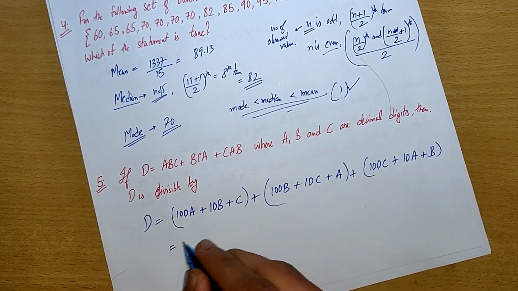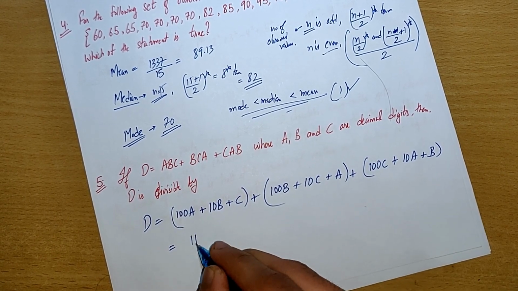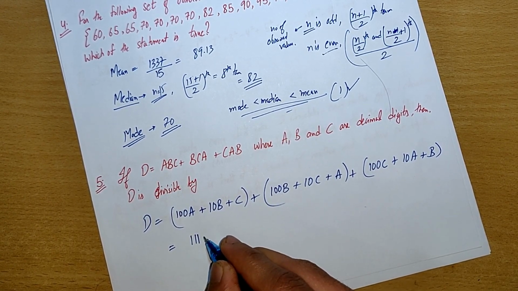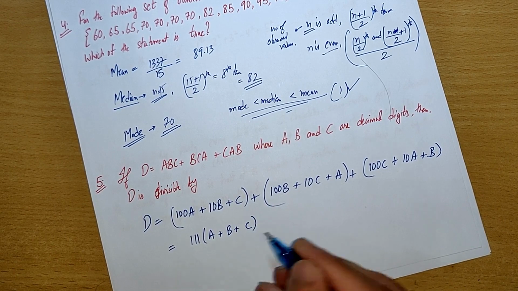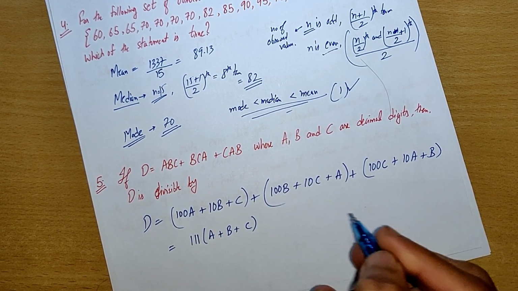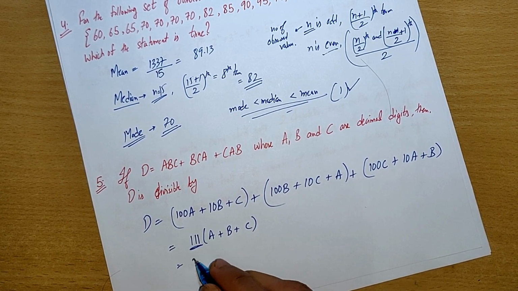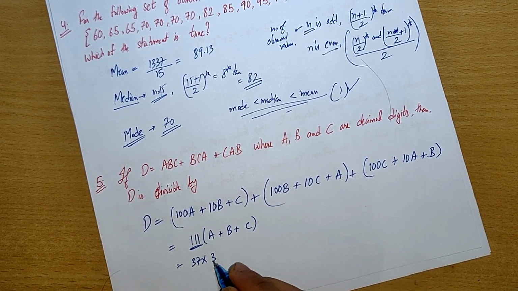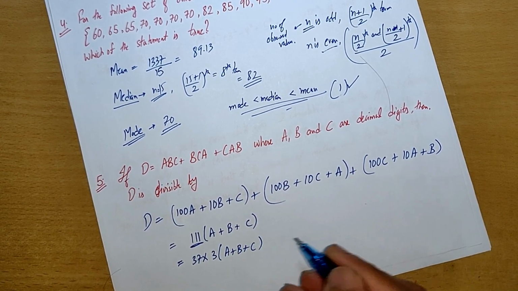Now we can add the individual terms. A and A, so we get 11A, or rather we get 111 times (A plus B plus C), and we can write this as 37 into 3, into (A plus B plus C).